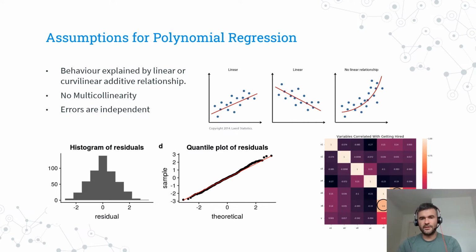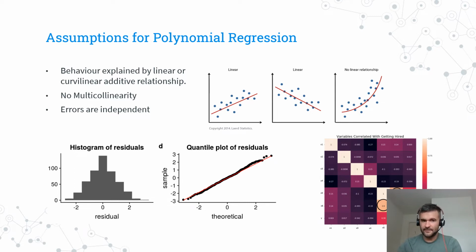Okay, so what are the assumptions for polynomial regression? The first one is that the behavior of a dependent variable is explained by a linear or curvilinear additive relationship between the dependent variable and a set of k independent variables. The second is that the relationship between the dependent variable and any independent variable is linear or curvilinear.